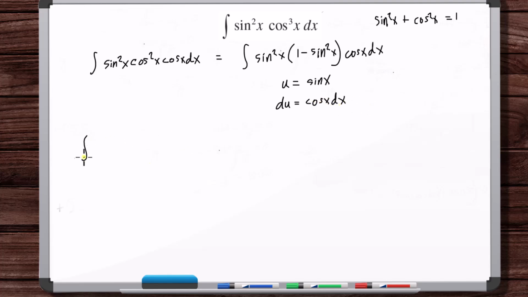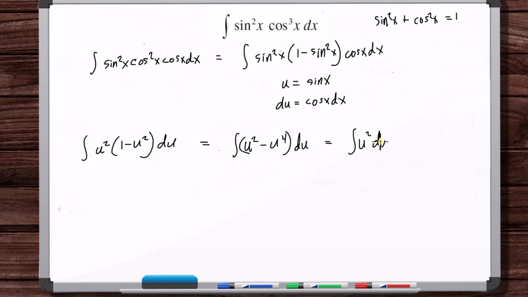And so making this substitution, we've got u squared times 1 minus u squared du. And we can solve this. So this is u squared minus u to the fourth du.